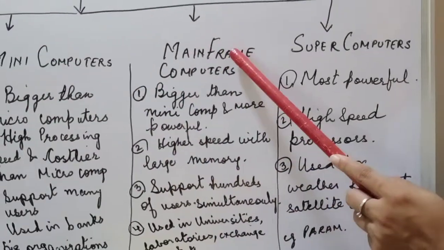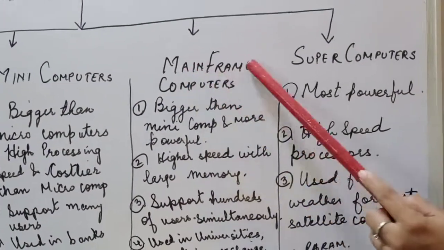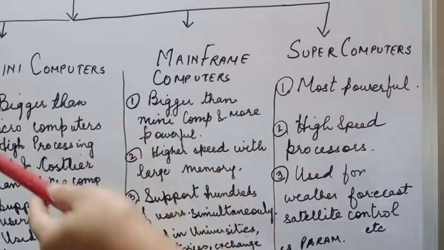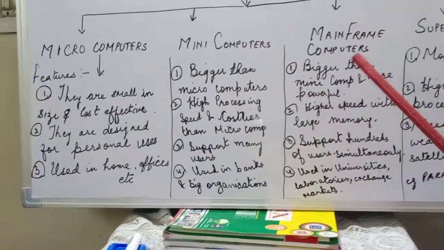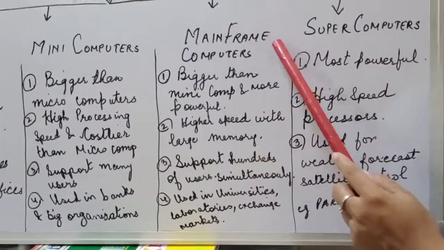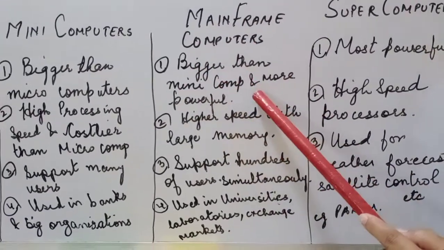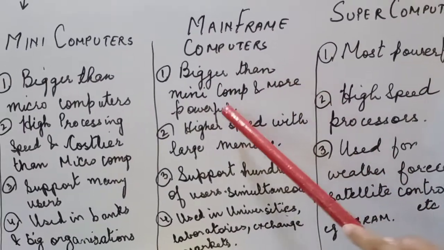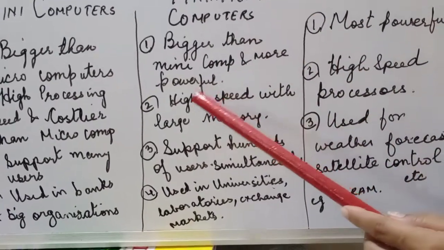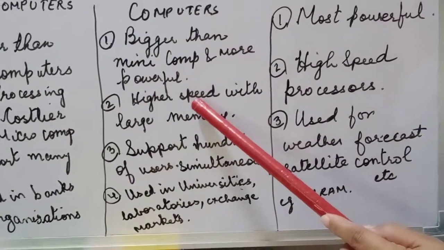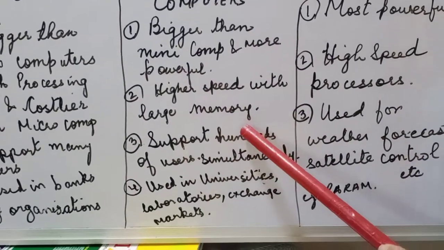Now we come to the third type of computer, that is mainframe computers. Again we'll compare them with the other smaller computers. When we talk about mainframe computers, they are much bigger than mini computers and are more powerful. The second is they have high speed with large memory capacity.